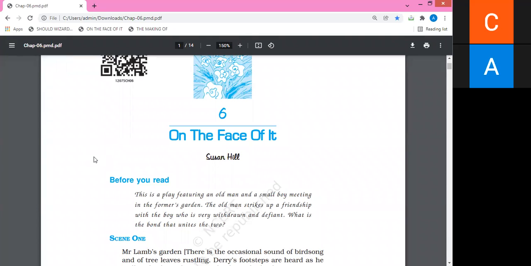Mr. Lamb, an old man, was positive. And if we look at the small guy, he was very negative. He was extremely pessimistic. He had become pessimistic due to his handicap.